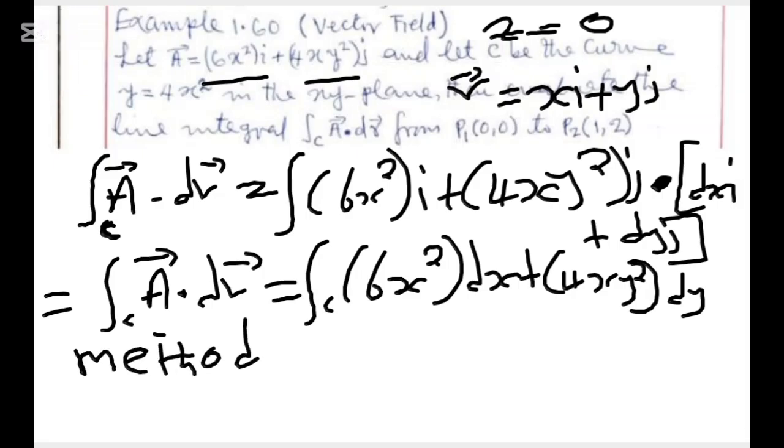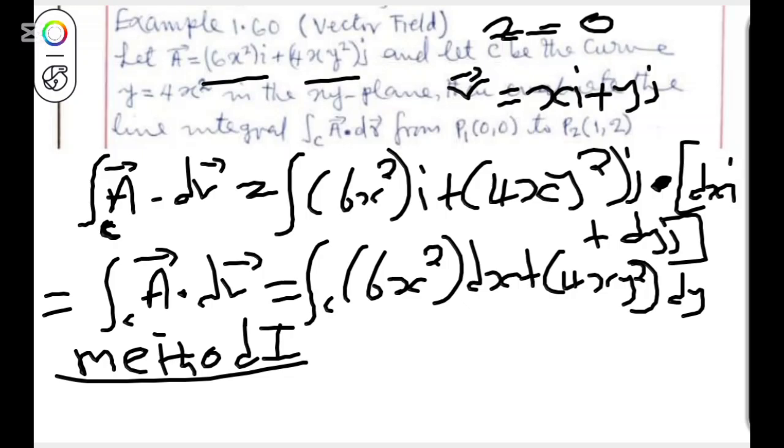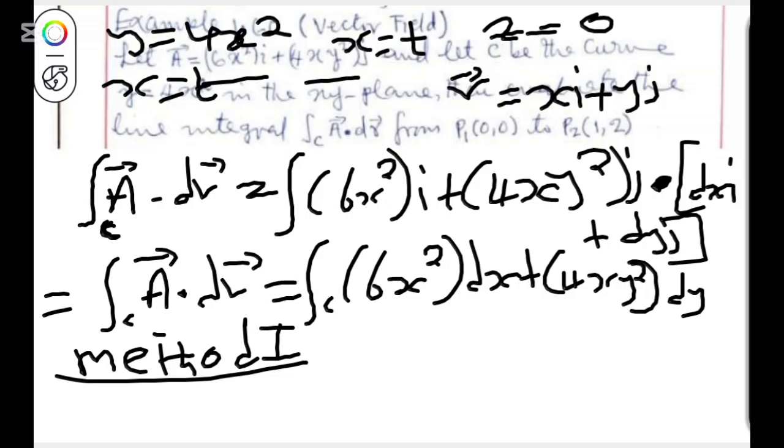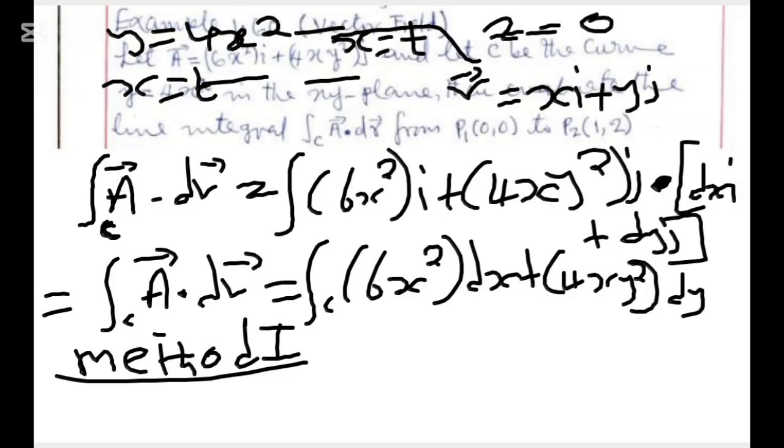The next thing that I'm going to do here is that I can use two methods. So let's say method 1. This is the first method. I will first say let x equal t and y equal to 4x squared. Then the parametric equation of the curve C is x equals t and y equals 4t squared.